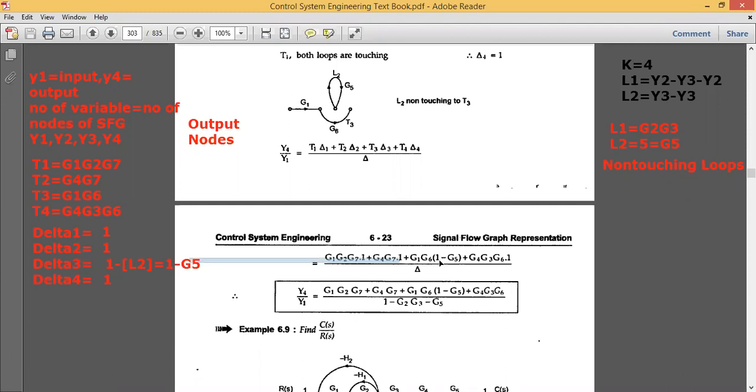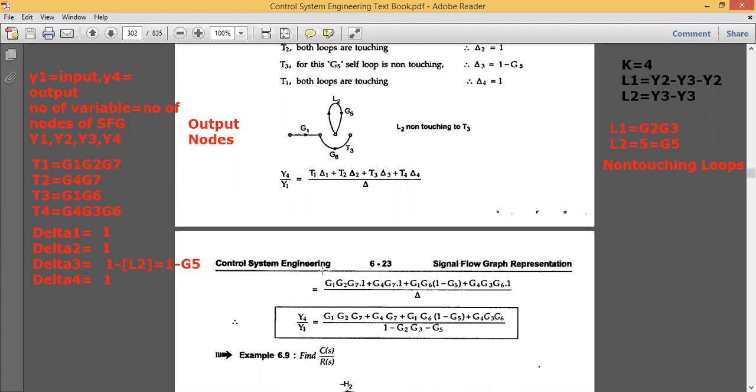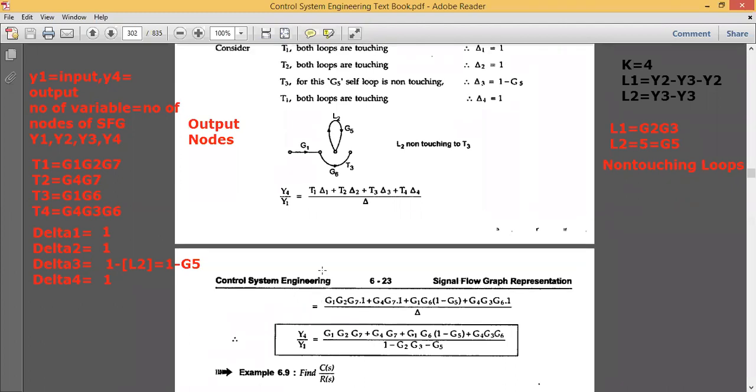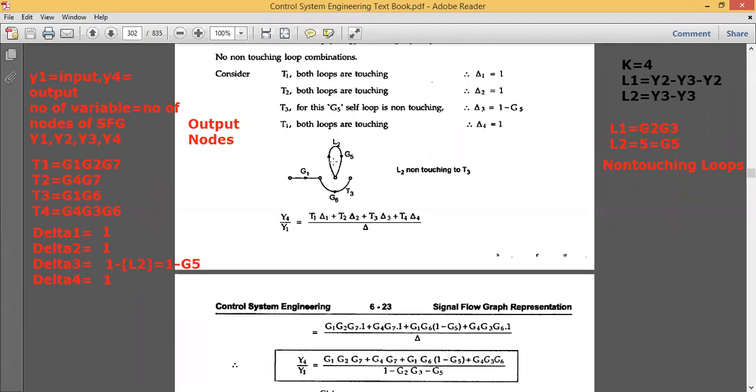Plus T4 is G4, G3, G6 multiplied by 1 again, because delta 4 is also equal to 1, divided by the whole value of delta, that is 1 minus G2, G3 minus G5. So in this way, we go for finding the value of the transfer function, or simply you can call it the overall transfer function for a given signal flow graph.